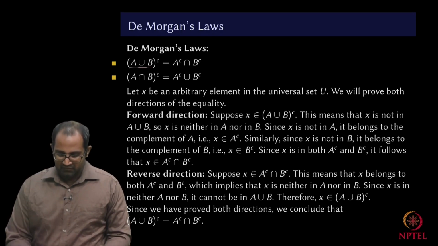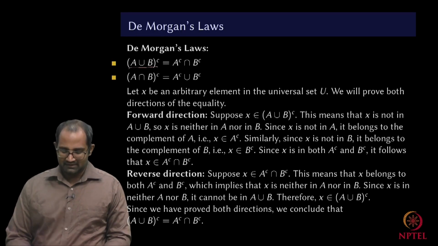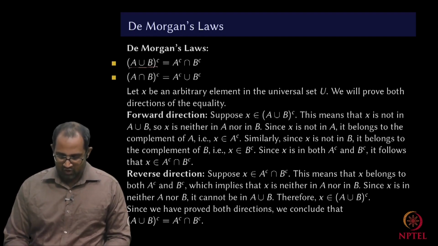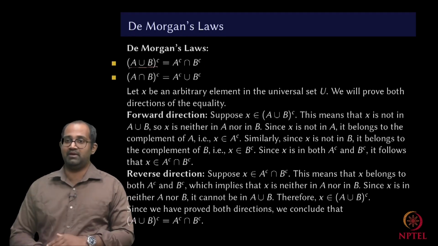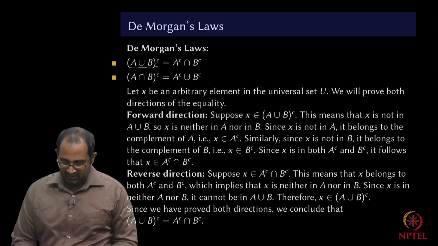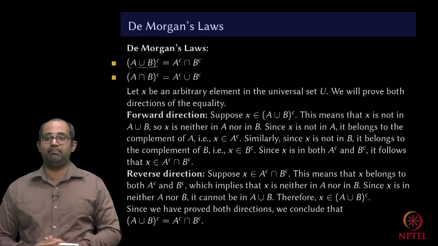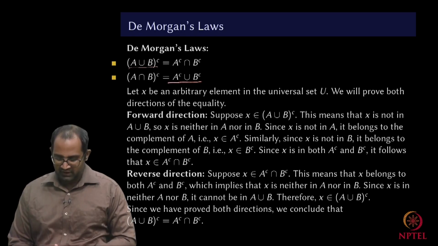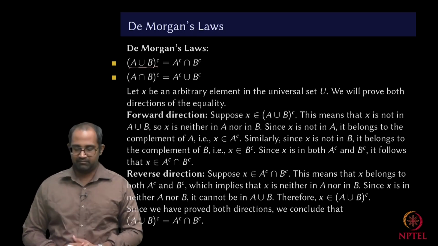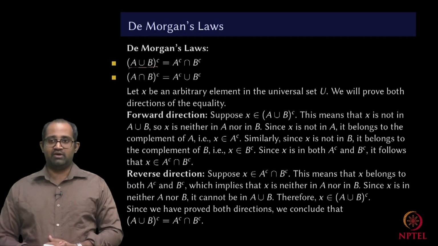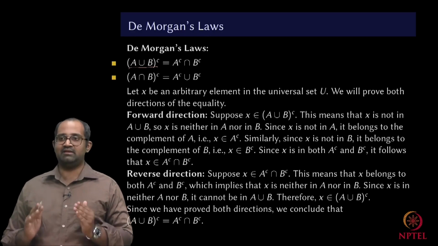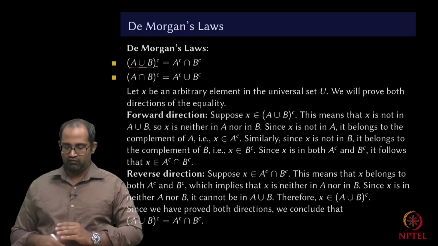The complement of A union B is the same as A complement intersection B complement. Analogously, the complement of A intersection B is the union of A complement and B complement. Okay? Now, notice that this means I am assuming that there is a universal set U involved.